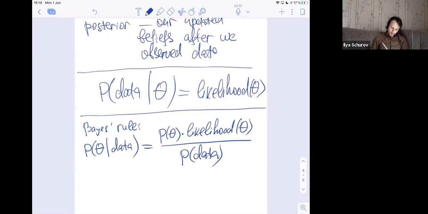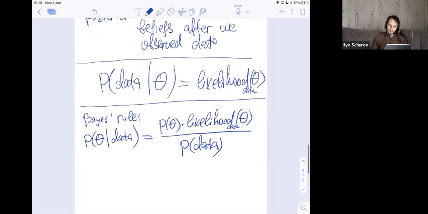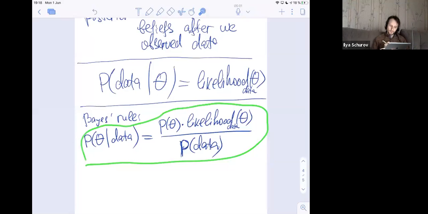This likelihood, in fact, depends on data as well. Let me put it here. And this thing does not depend on theta. It is just a constant. So this is a general formula for Bayes rule.